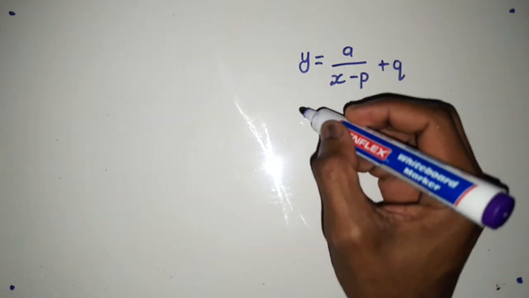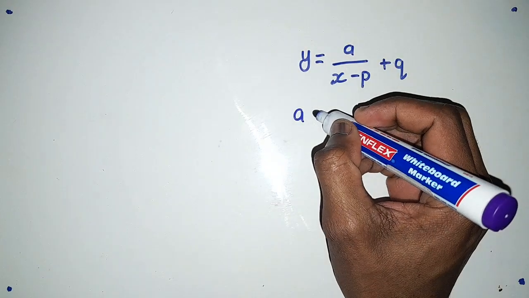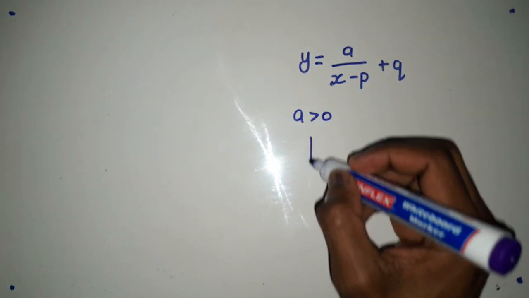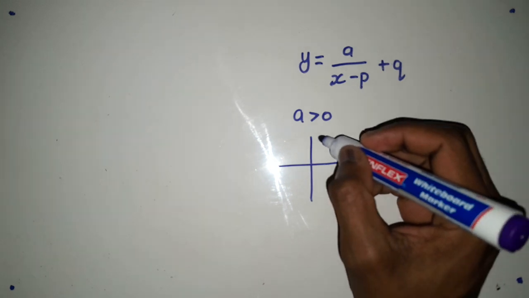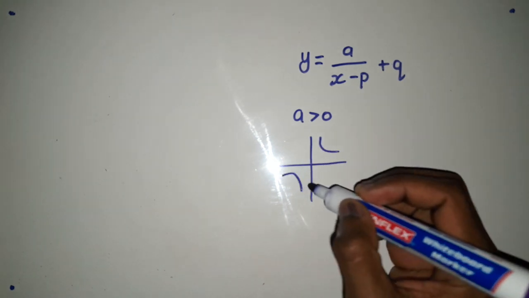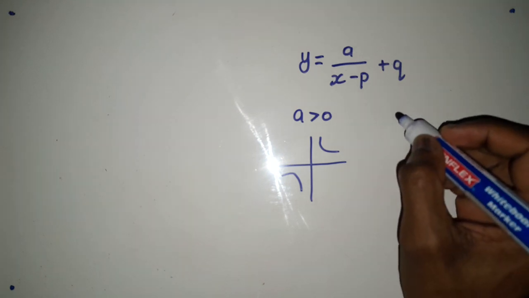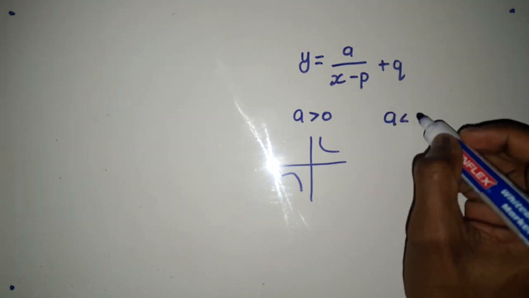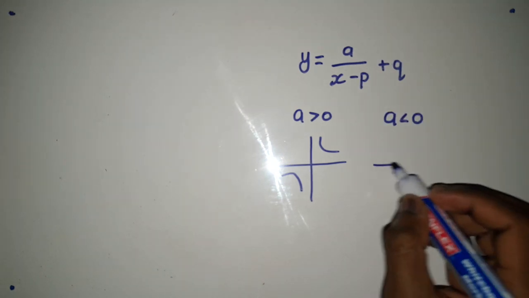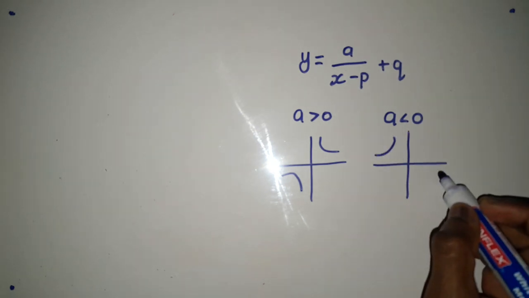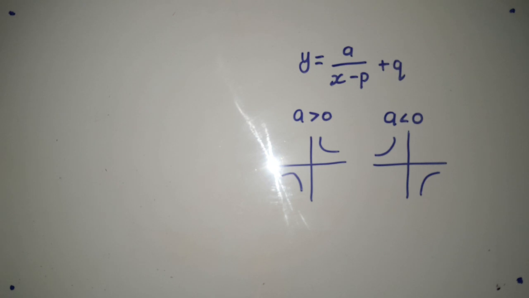And also you just need to know that if the value of a is positive, your graph is going to look like this. Then if your value of a is less than 0, your graph is going to look like this.